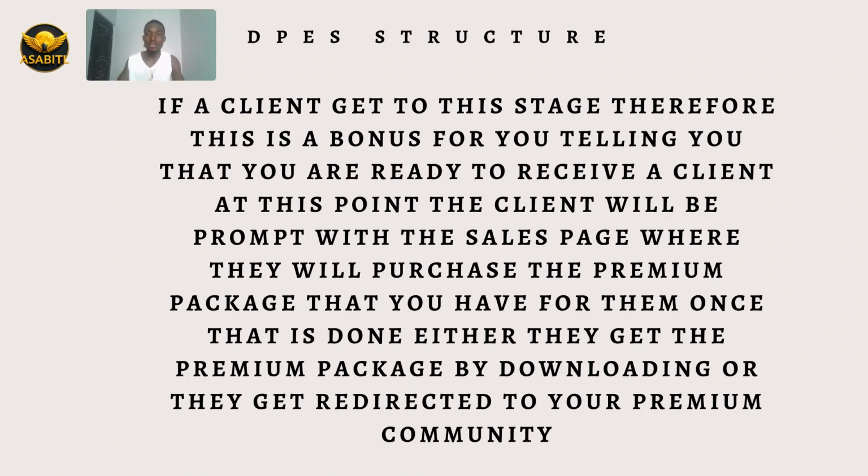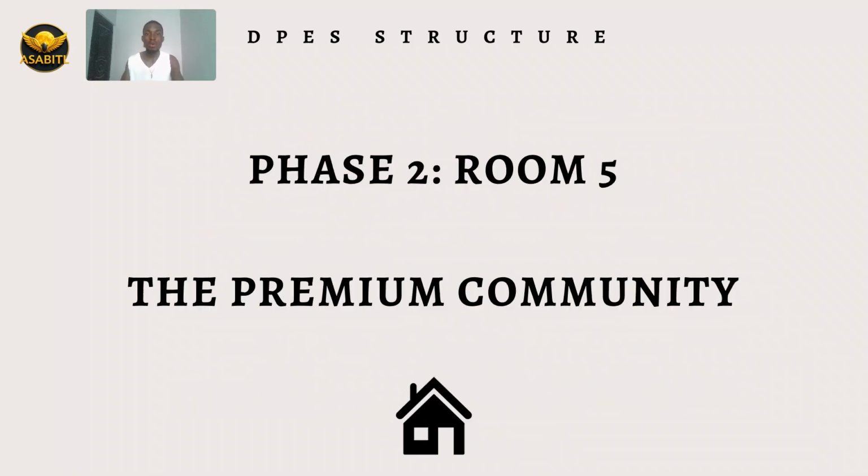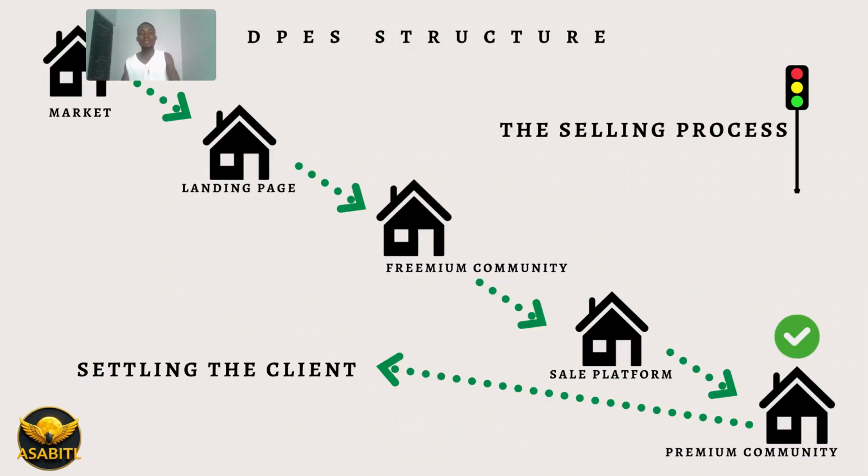Welcome them, which is the reason why we now have the 5th room, which is the premium community. Now in the premium community, which is the final phase, at this stage you're doing everything to make sure that what people pay for, you are giving it to them.